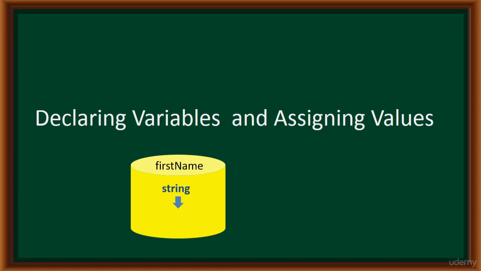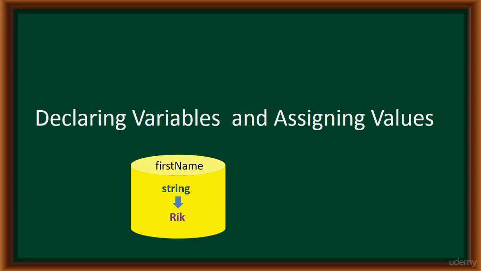But for illustration purposes, I've used an arrow instead to substitute for that equals sign. Then we'll assign a value. The value, for example, I give it a name, Rick. So now we have declared the variable. First of all, we gave it a name. We determined the type of data, and then we assigned a value.